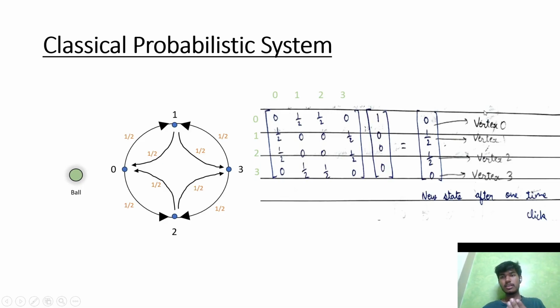So the probability of the particle being at vertex 0 after the first time click will be 0. Similarly, half into 1 is half, plus 0 into 0 is 0, 0 into 0 is 0, half into 0 again 0. After we add all these up, we get half. So the probability of the ball being at vertex 1 after one time click will be half. Similarly, the probability of the particle being at vertex 2 after the first time click will be half, and at vertex 3 will be 0.